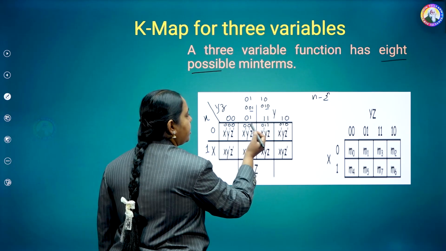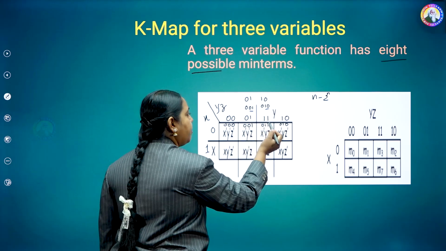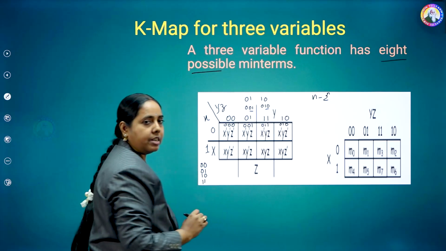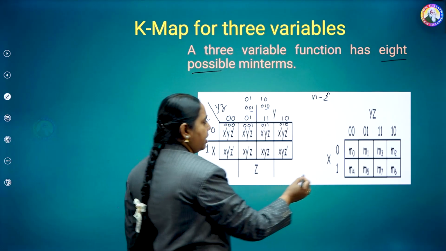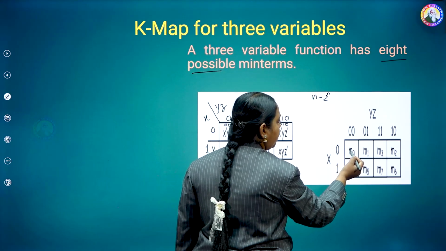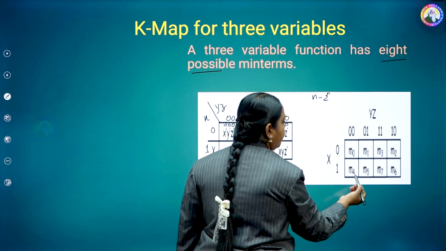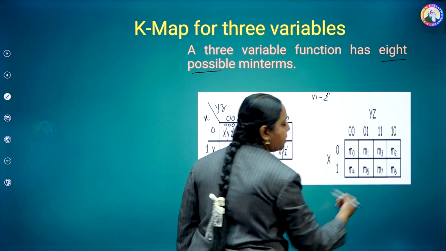That's why it is written as 0, 1, 1, 1 and then 1, 0. That satisfies the K-map representation. Right. So this is the numbering: M0, M1, M3, M2, M4, M5, M7, M6.